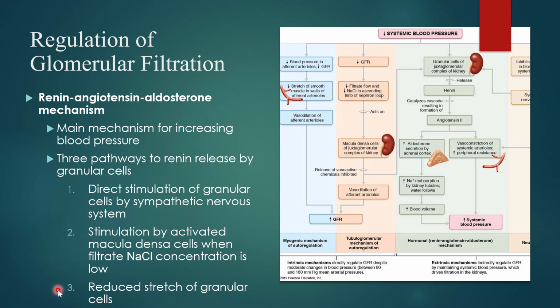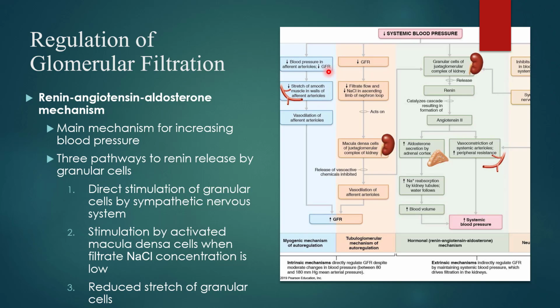And we have seen this many, many times when we were discussing blood pressure in the blood vessel, which shows us the three direct pathways to renin release by the granular cell.